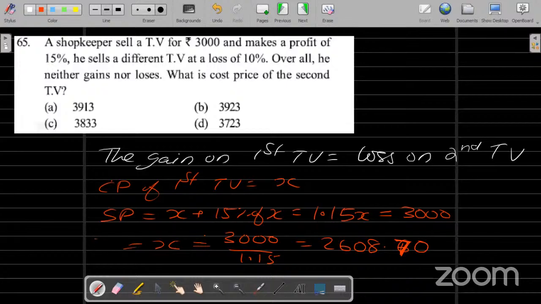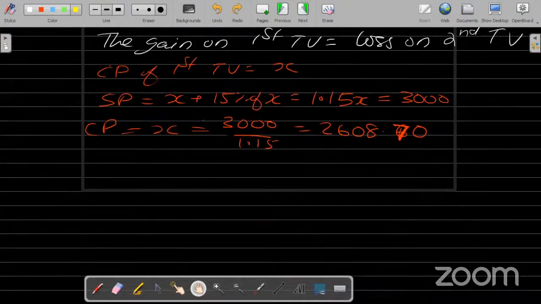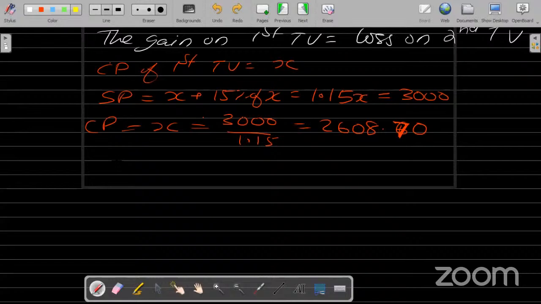Cost price is 2608.70. So how much is the profit on the first TV? For the first TV, cost price is 2608.70 and selling price is 3,000.